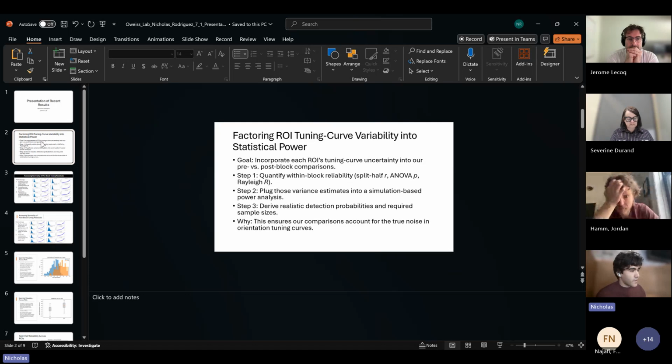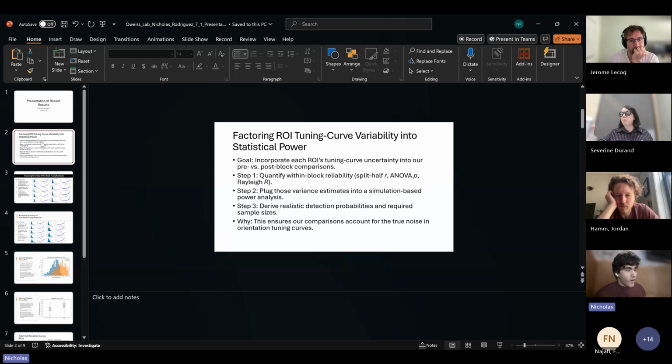Now, what do I mean by that? In previous analyses that I showed in our last meeting and on the discussion threads, I compared orientation tuning vectors between the pre and the post block. But an important question to ask is how reliable is the computation of those orientation tuning vectors?